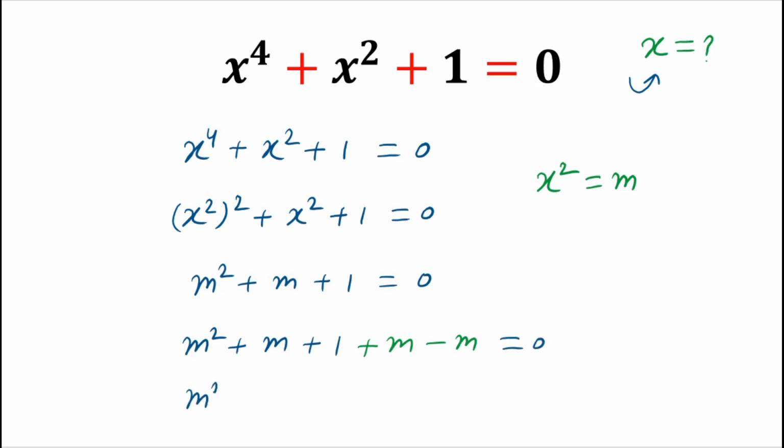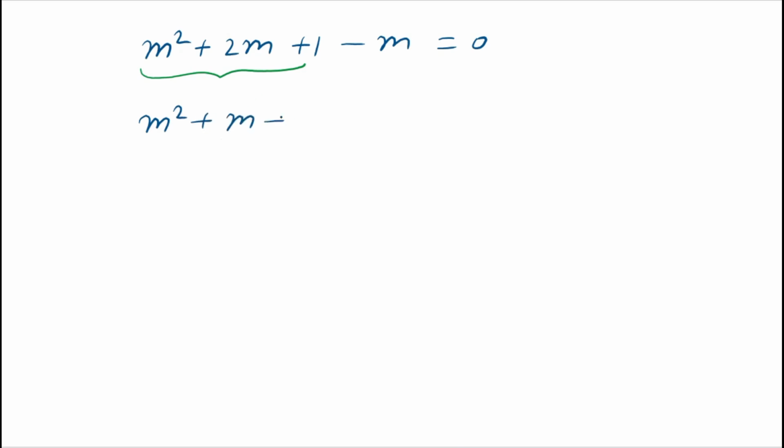Then m² plus 2m plus 1 minus m equals 0. Now look carefully at these three terms. This is a perfect square: m² + 2m + 1 is (m + 1)², and here minus m equals 0.